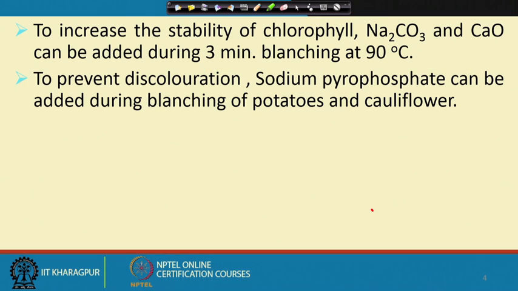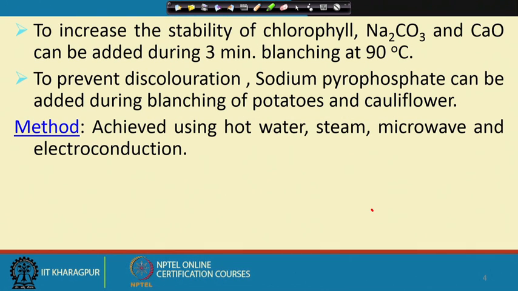To prevent that, blanching helps you a lot, because this enzyme can be inactivated, and to do that you are also adding some chemicals like sodium pyrophosphate, so that the color is not getting brown.